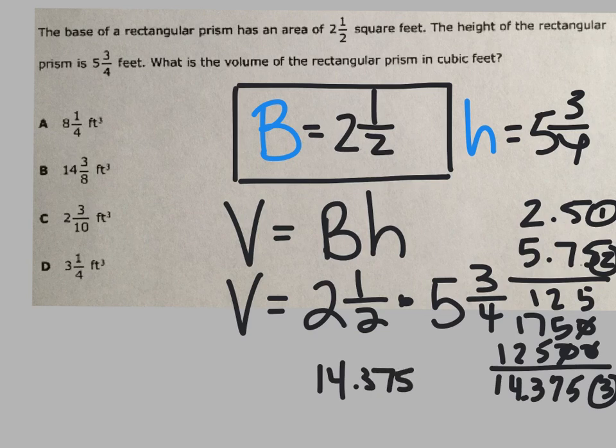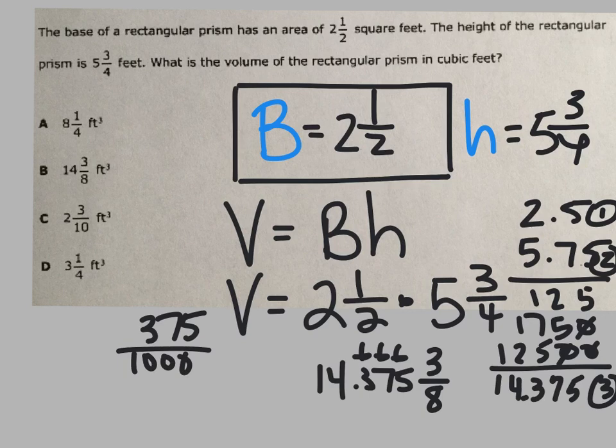14.375. Now, I might remember that 0.375 is the same as 3/8. But if I didn't, I could always write the decimal 375 over its place value, which is thousandths, 375 thousandths. This is the tenths, the hundredths, the thousandths.